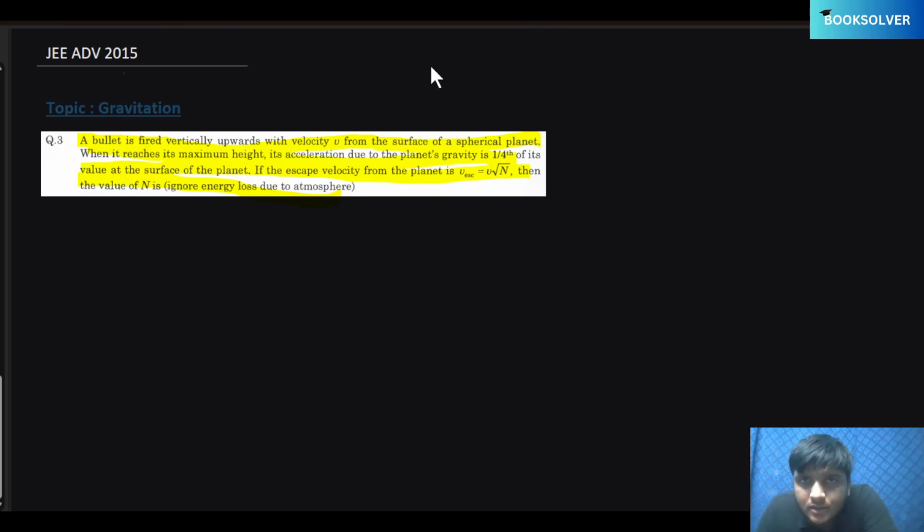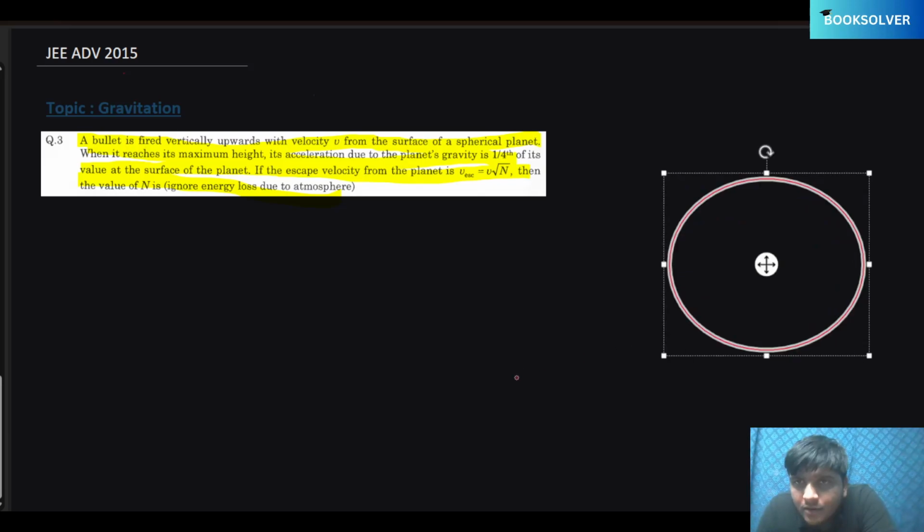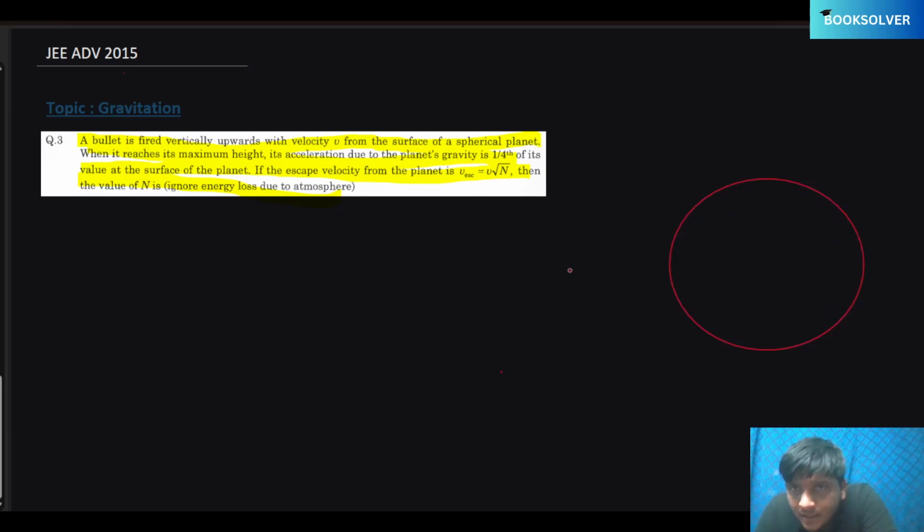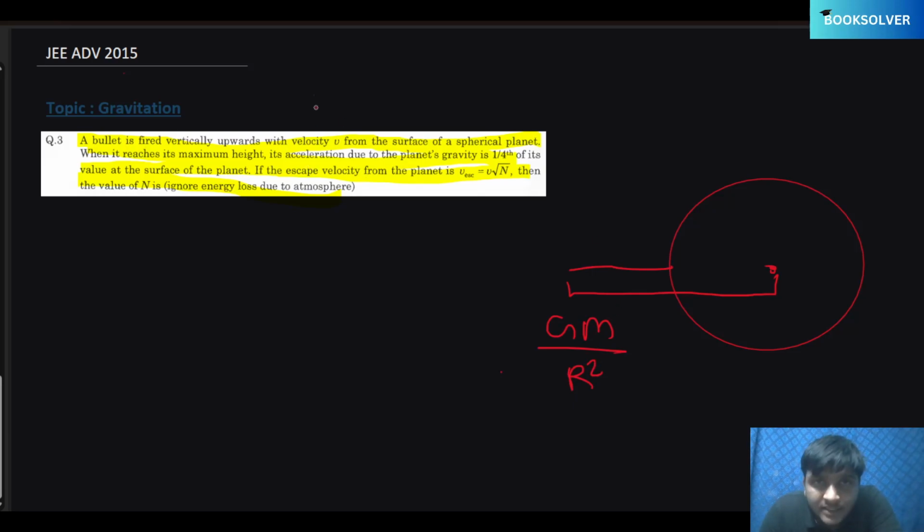Let's suppose this is our planet here. So what is the formula of the acceleration due to gravity? If this distance is r, the acceleration due to gravity will be nothing but GM by r square. It says that the acceleration due to gravity becomes 1/4.